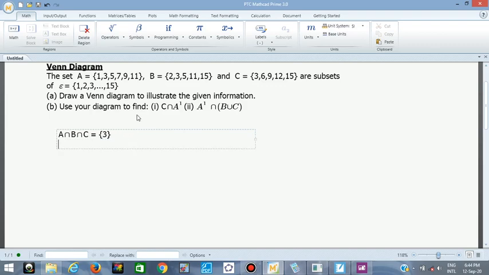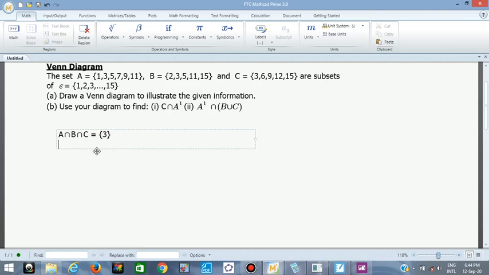Let's move on. Now let's see those elements that you have in A and B, but you don't have them in C. How do you write this kind of set? Elements in set A and B, but they are not in C. So when we are talking of elements not in C, that is the complement.